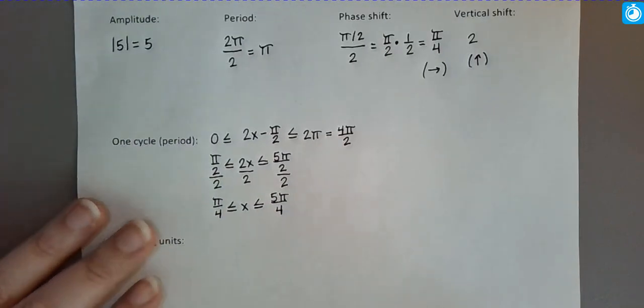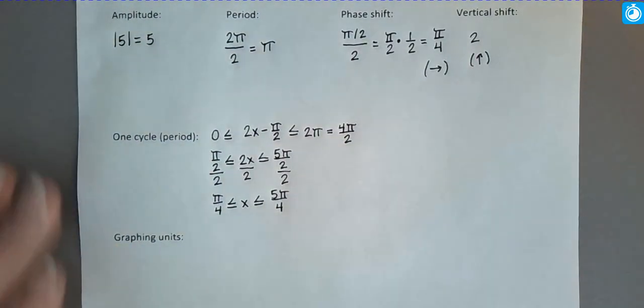Now, as we graph, not only do we need to know where we start and where we end, but we need to know how we transition from one key value to the next along this period from pi over 4 to 5 pi over 4. If we think of one period's key features, we're graphing a cosine, so we start at the maximum, go to the center of the graph, go to the minimum, back to the center, and then back up to the maximum, and we complete a period.